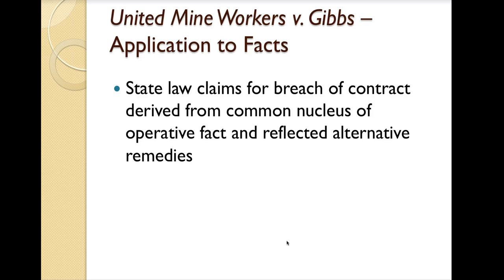So in applying that law to the facts, the court concluded in Gibbs that the state law claims for breach of contract asserted by Gibbs derive from a common nucleus of operative fact.